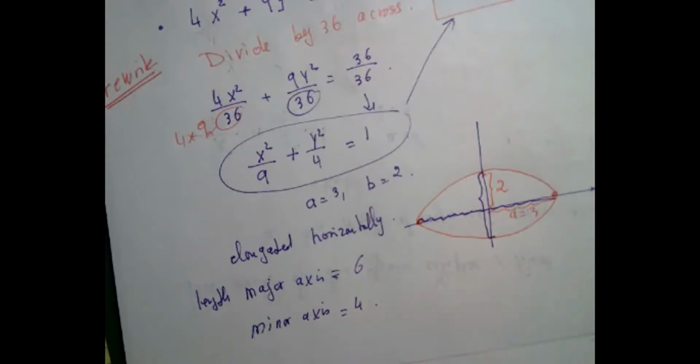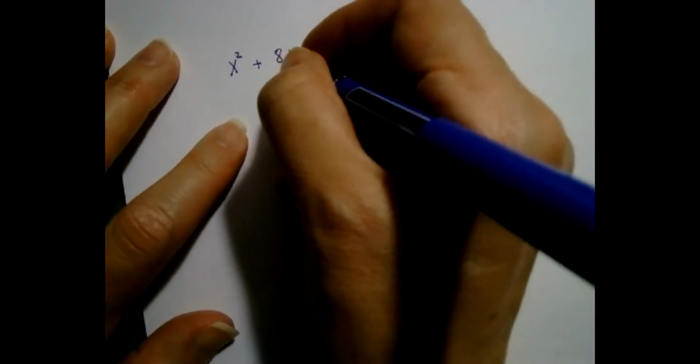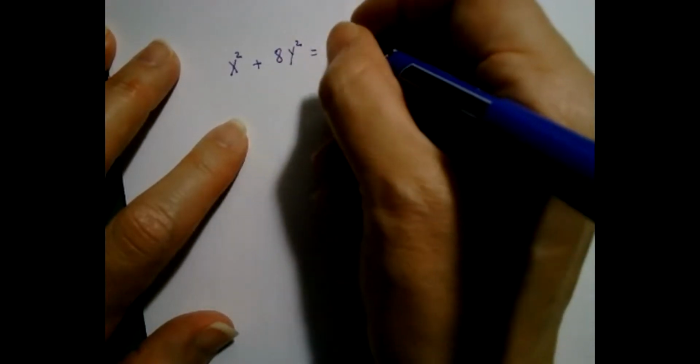Right, I'll give you one more problem along those lines, and then we move on with the shifted ellipse. So suppose I give you the following: x squared plus, let us say, I'm trying to give you nice numbers, equals 64.